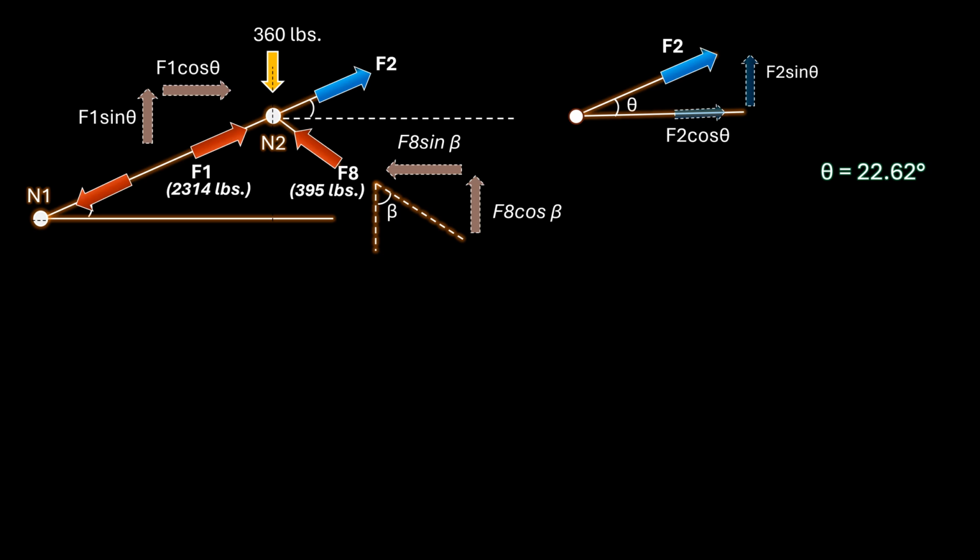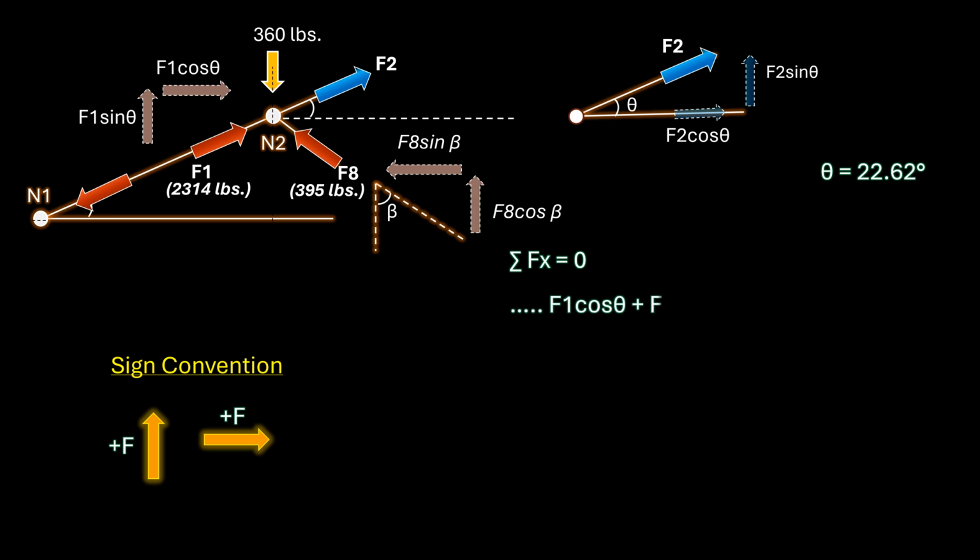Since the joint is in equilibrium, the sum of horizontal force components acting at node 2 is 0. Keeping in mind the sign convention, the sum of horizontal forces acting at node 2 is F1 cosine theta plus F2 cosine theta plus negative F8 sine beta equals 0. We know that theta is 22.62 degrees and beta is 55.23 degrees.